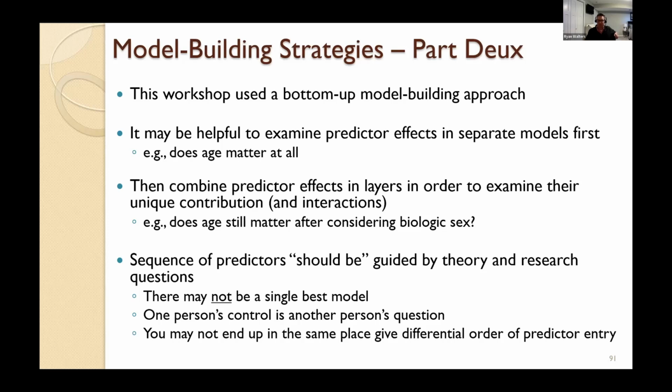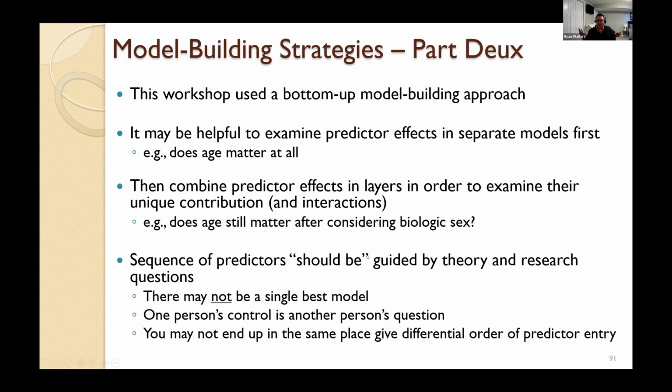So again, they should be guided by theory and research questions. But I'm not here to tell you that exploratory is the worst, because it's not. This is how theories start, right? The other thing is there might not be a single best model. If you do a bottom-up approach or a top-down approach, you might not end up in the same spot.